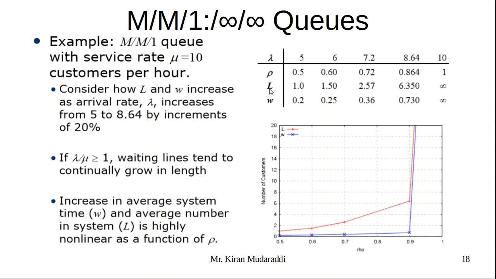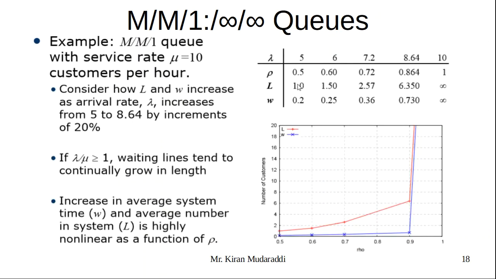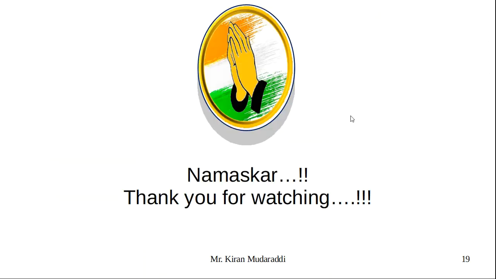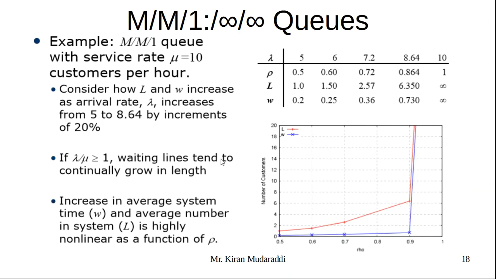Here L is going to be calculated with the formula lambda divided by mu minus lambda. If you apply, you will get L, and W is calculated with the help of this formula, L divided by lambda. The same thing we are putting in a graph.